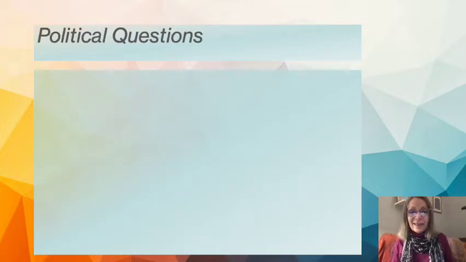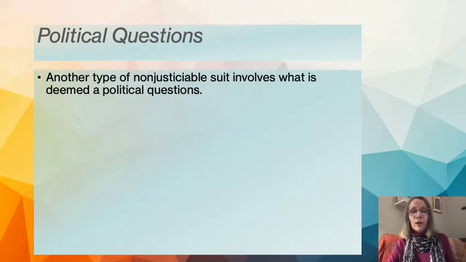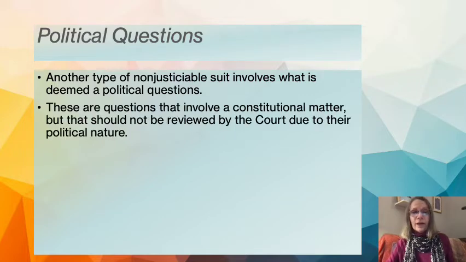The final justiciability characteristic that we're going to talk about is political questions. These are different from the other ones that we've talked about so far, but still, sometimes the Supreme Court will not review a case because it deals with a political issue or a political question. So another type of non-justiciable suit involves what is deemed a political question.